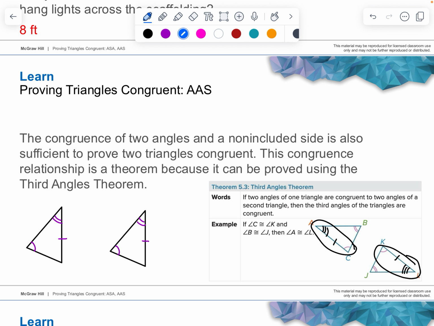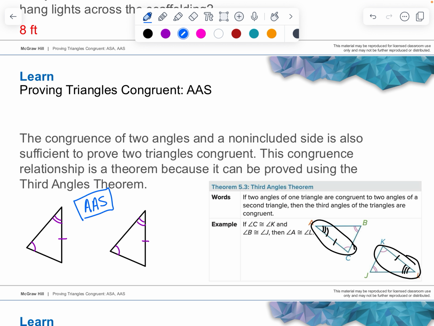But we know that this one must be the same size as this one. There's your angle side angle, our other proof. But instead of going through the whole hassle of proving that that third angle is equal, we just decided that we could just call this angle angle side, and it's a good proof too.